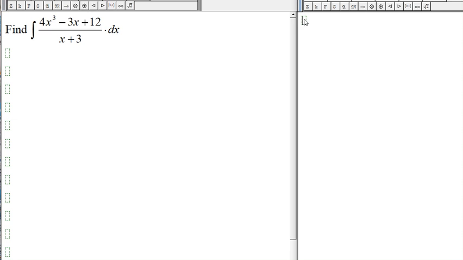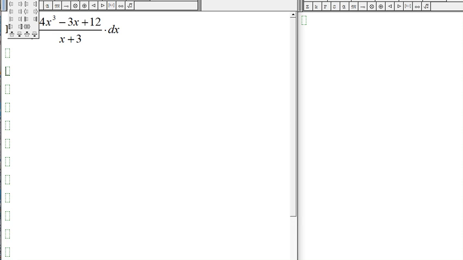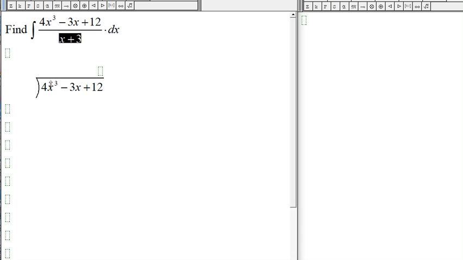And so to set up the long division, we want to divide this. We will have that inside and then the x plus 3 outside.